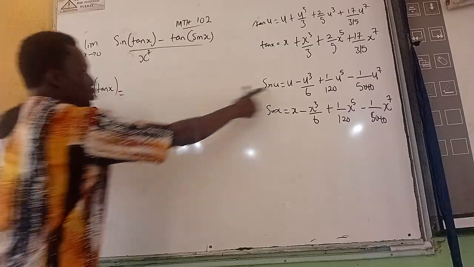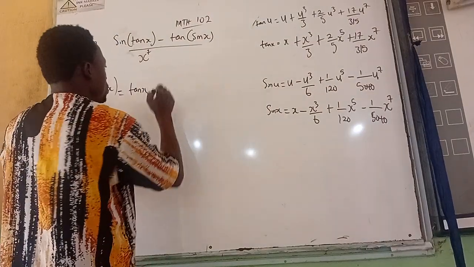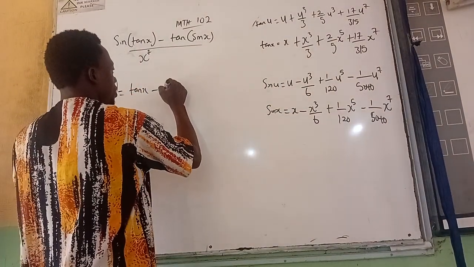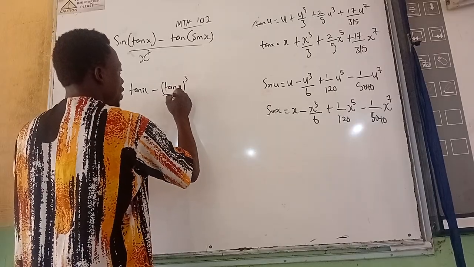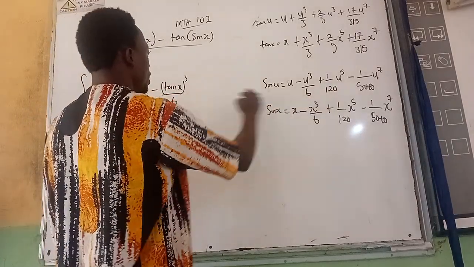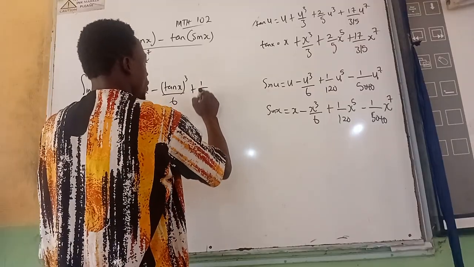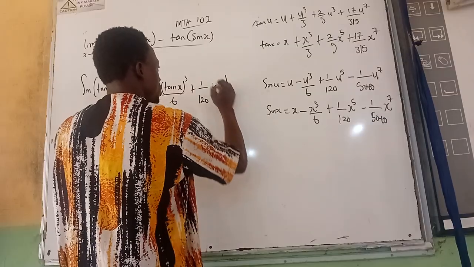It's going to give us u, that's tan x, minus u cube, that's tan x cube over 6, plus 1 over 120 u5, tan x raised to power 5.